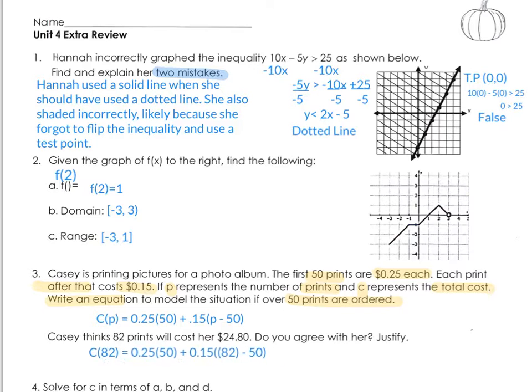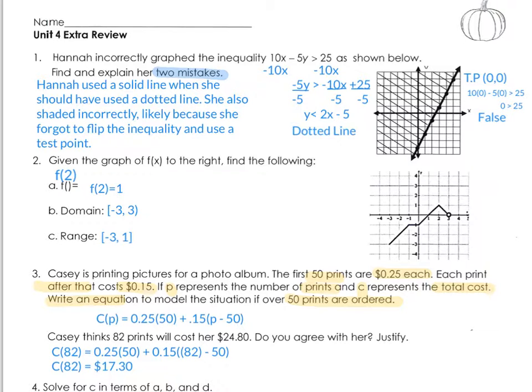Then we can go ahead and put that in our calculator because we can let that do all the work for us, and we use parentheses and type everything exactly the way we see it, and then we would get our answer, which is $17.30. So the question here, this is just my justification. This was to find out if I agreed with her or not. It said that she thought it was going to be $24.80. And the question was, do I agree with her?